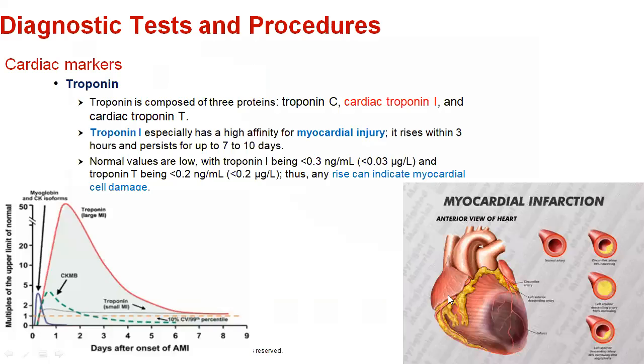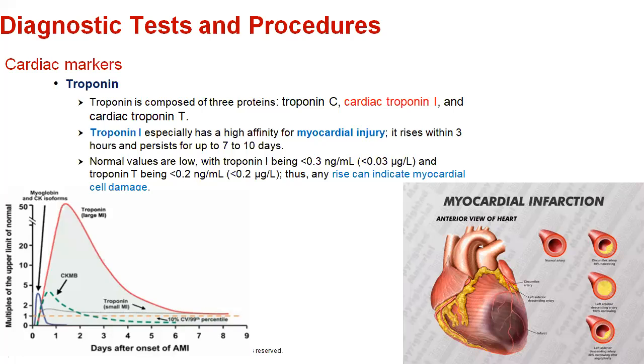What about troponin T? For troponin T, the normal values are low. Troponin I is basically less than 0.03, and troponin T is less than 0.2 nanogram or less than 0.2 microgram. Its raised levels can indicate myocardial cell damage.